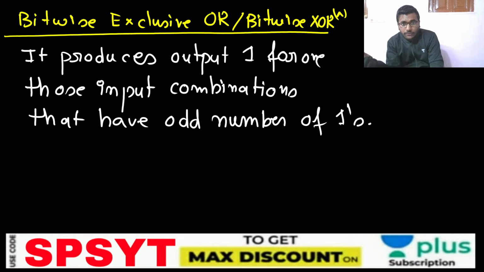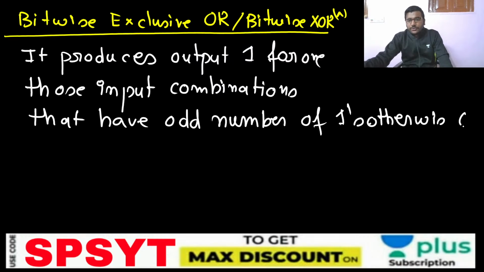If it is having an odd number of 1s, then only you are going to get 1. If it is not having an odd number of 1s, then you are not going to get 1. Otherwise 0.